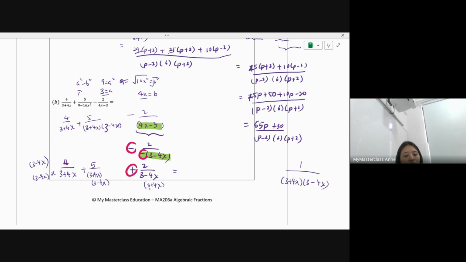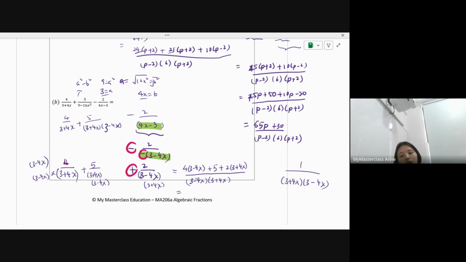Remember, when we do the multiplication, the whole thing is bracketed. So first one I multiply by 4(3 minus 4x), plus 5, plus 2 times (3 plus 4x), divided by (3 minus 4x)(3 plus 4x). This is already right.